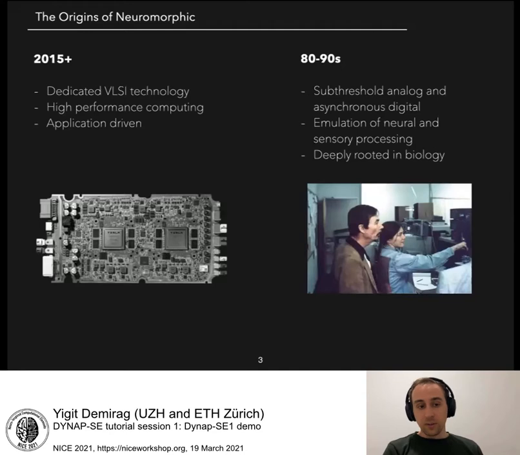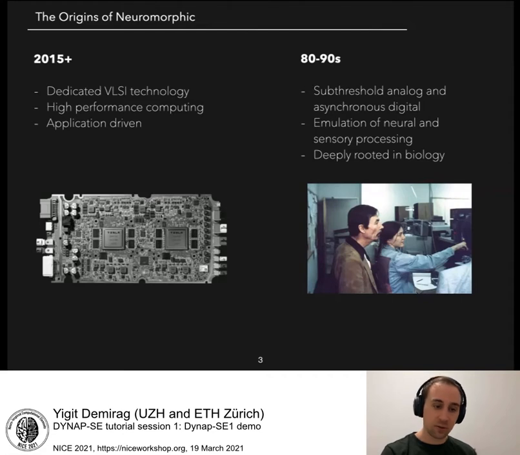So in this nice workshop, we have been hearing about lots of different neuromorphic computing platforms. And I just wanted to start with pointing the origin of the neuromorphic field and the differences between what we are seeing today and the origin of the idea that occurred in the 80s and 90s. Today, there are several motivations for research and development of neuromorphic.